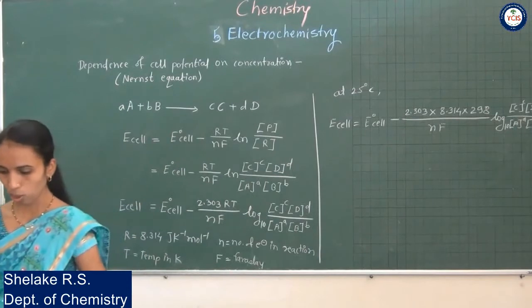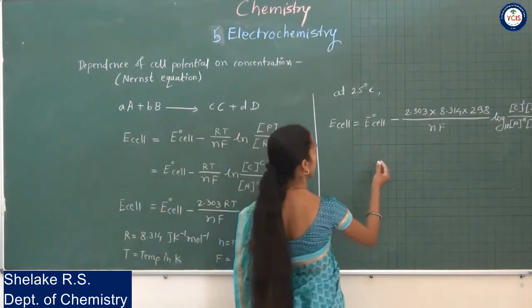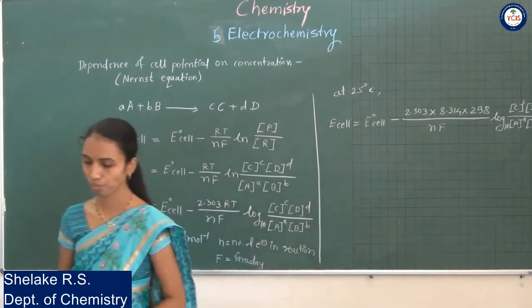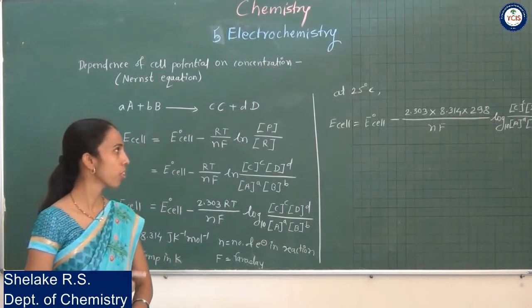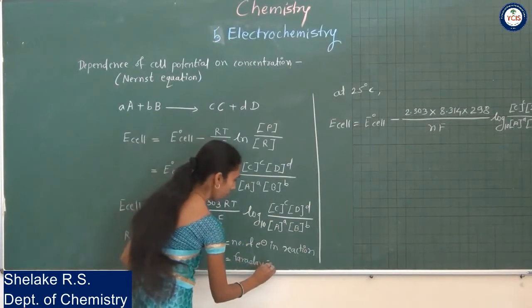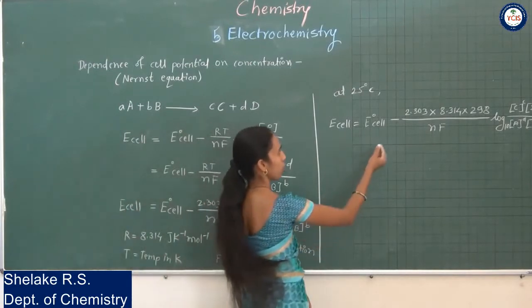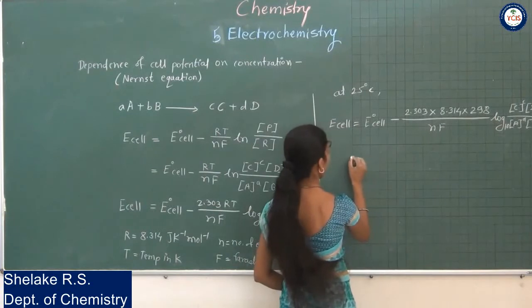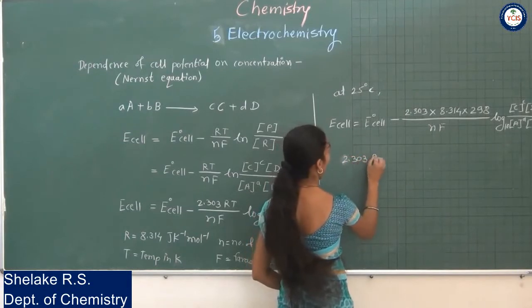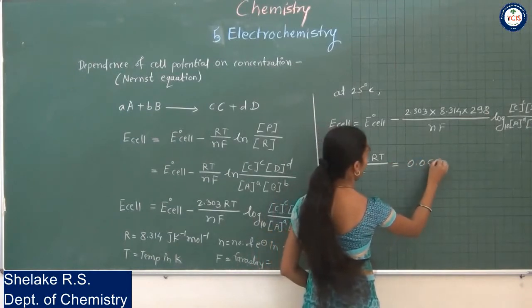Now this value, 2.303 RT upon F, with F value 96500 coulombs, after all the multiplication and division its value is 0.0592.